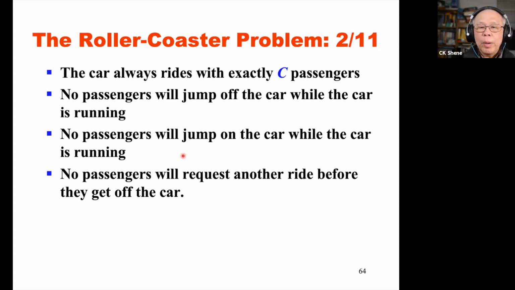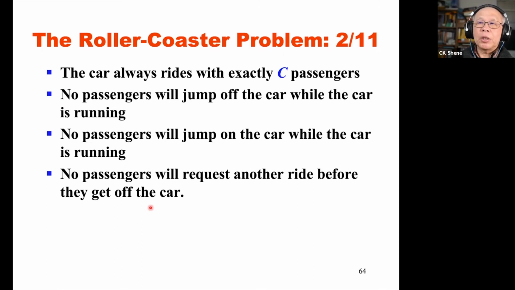So no passenger will request another ride before they get off the car. That is, when the car is at full capacity, seating C passengers, the car starts running. While the car is running, no one on board can jump off. No one on the ground can jump on.